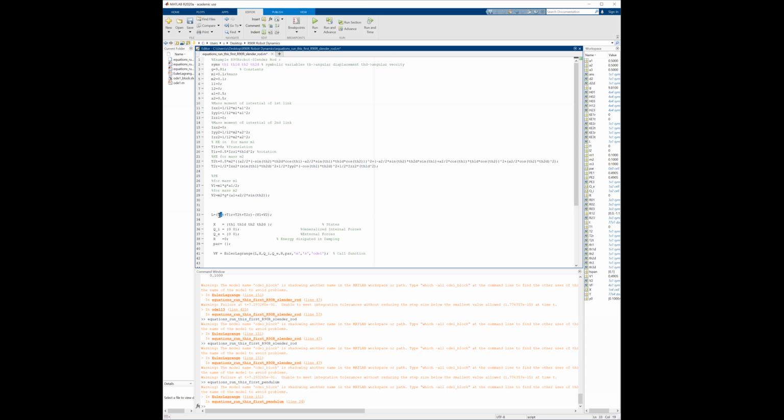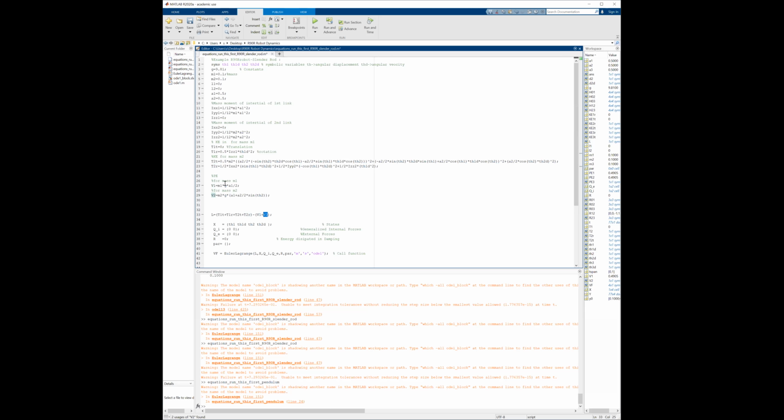This is the kinetic energy of translation of the first mass, kinetic energy of the rotation of the first mass, kinetic energy of translation for the second mass, kinetic energy for the rotation of the second mass, minus potential energy for the first mass, potential energy for the second mass.